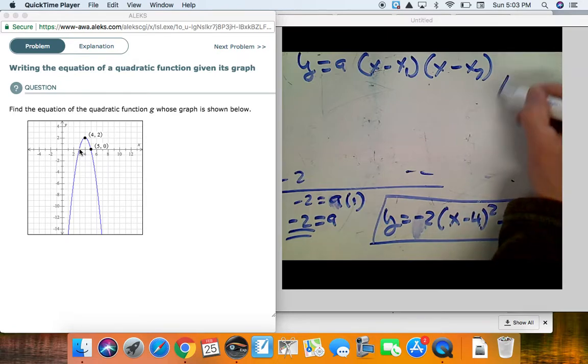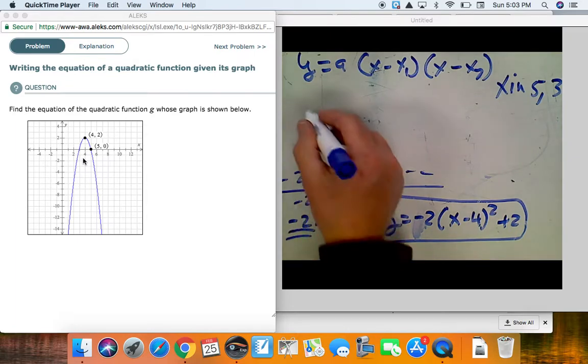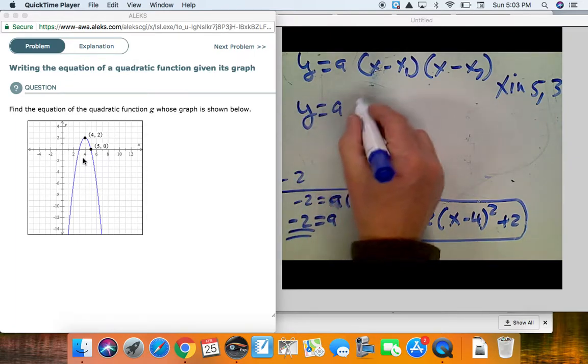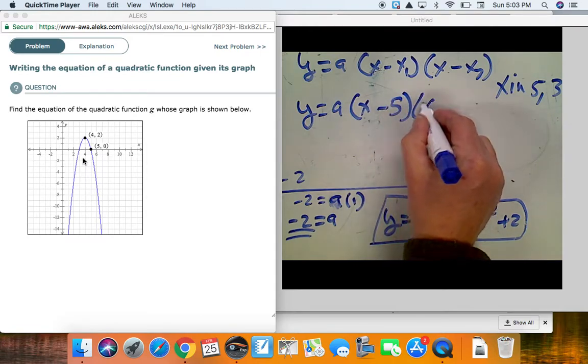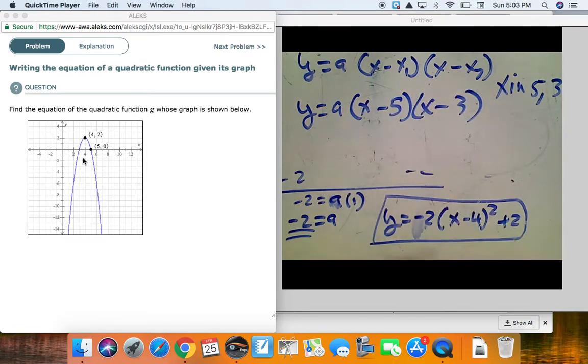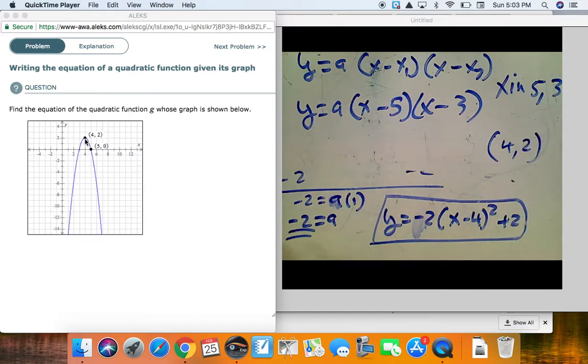And I know that my x-intercepts are 5 and 3, it looks like. So then I can say y equals a times x minus 5, x minus 3. And then I can plug in another point. Well, I'm going to use this vertex point up here, (4, 2), and plug that in.